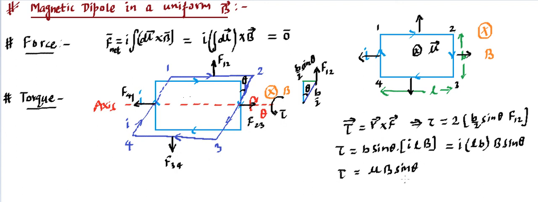So we can say this theta is the angle between mu and B. Whenever you get mu B sine theta, where theta is the angle between them, it is basically written as a cross product. So tau in a nutshell came out to be mu cross B.